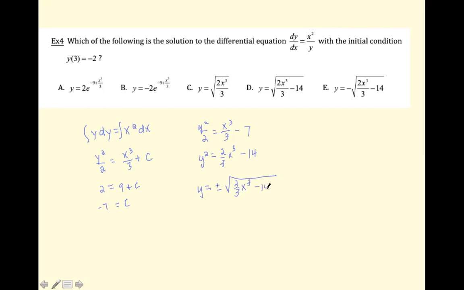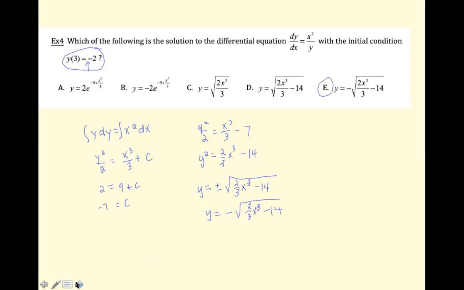At this point, we need to decide, if you look, both the negative and positive answers are here. So you need to go back to this initial condition. If we look at our initial condition, our y is negative. And so that means we need the negative case. And so our answer choice looks like, finish writing this down, E should be our solution.